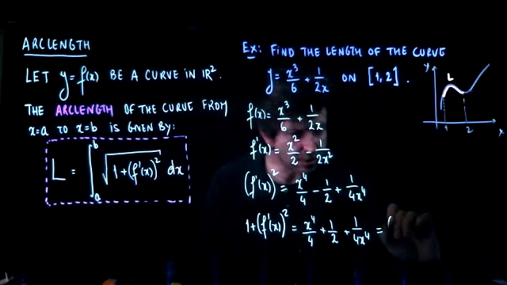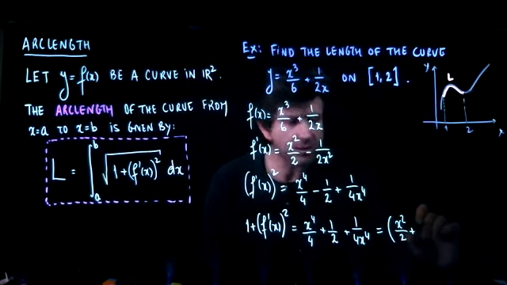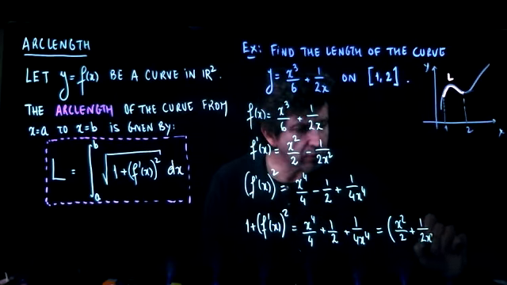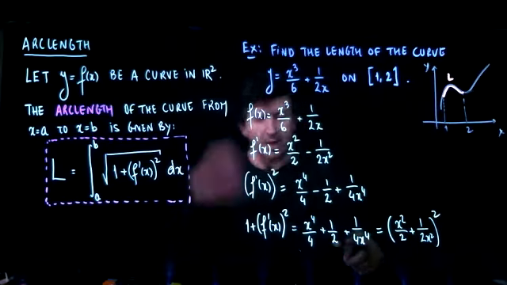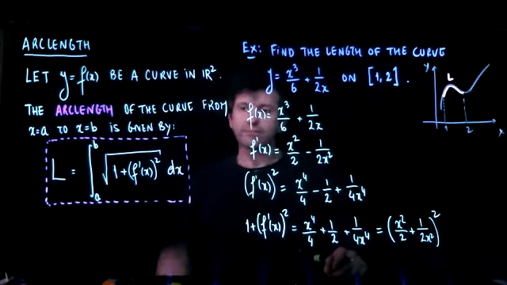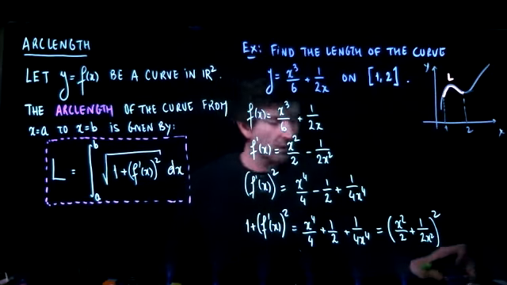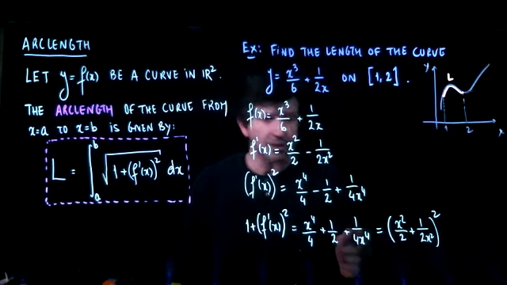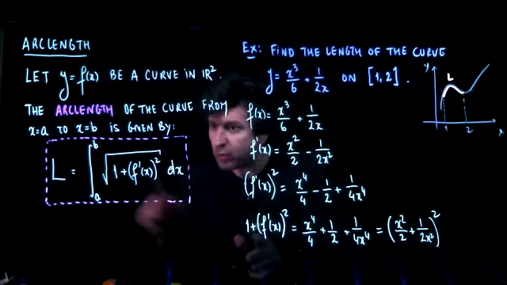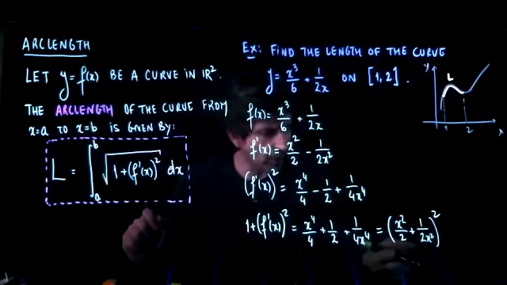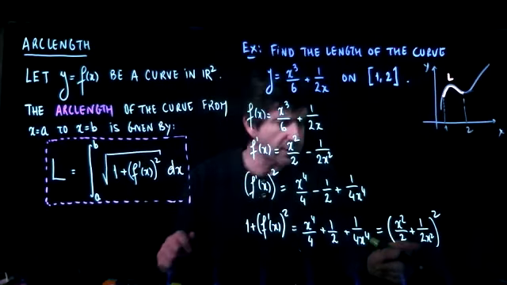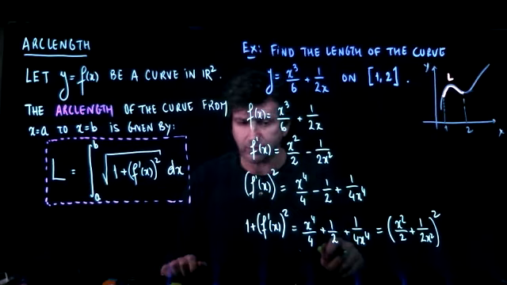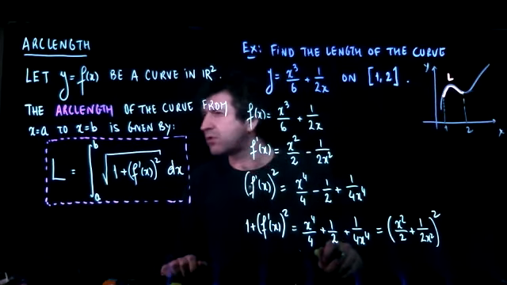So this is the same thing as x squared over 2 plus 1 over 2x squared, all squared. If you factor this, you get that. So this is perfect because that's what's going to be in my square root, and it's a perfect square. So when I do the square root of this, I'm just going to get rid of the root. Okay, so I'm sort of running out of space.